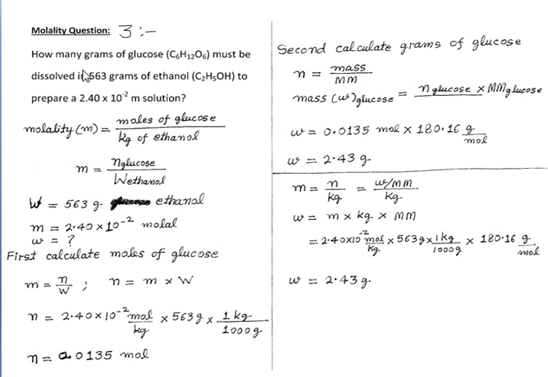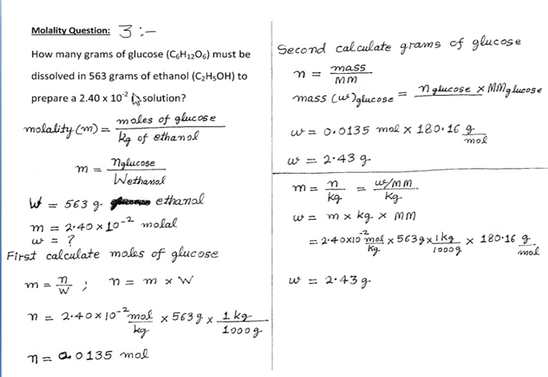Hello dear, in this video we will study the molality question, and this is sample question number 3. How many grams of glucose, which is C6H12O6, must be dissolved in 563 grams of ethanol, C2H5OH, to prepare a 2.40 times 10 to the minus 2 molal solution?